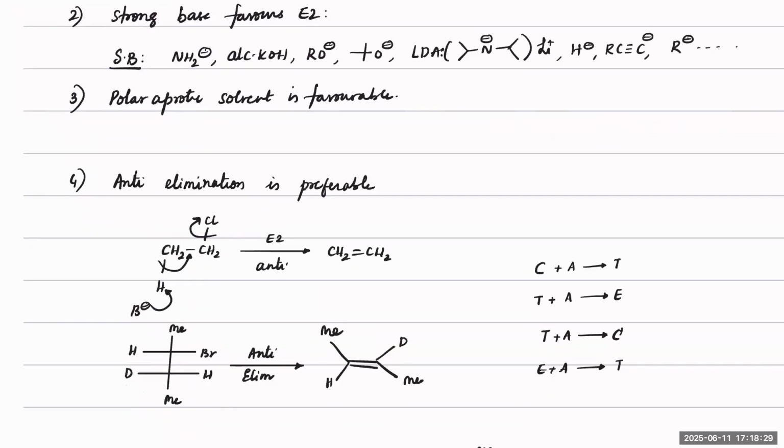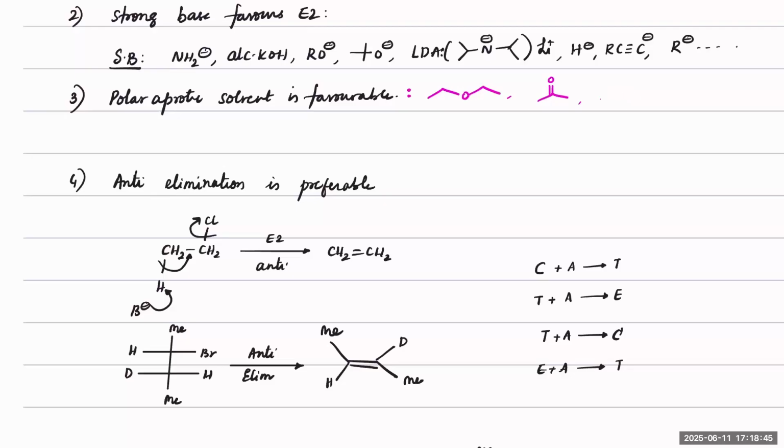Next, polar aprotic solvent is favorable here. What are the polar aprotic solvents? Anything which is an ether, which is in ketonic form, which is DMSO.